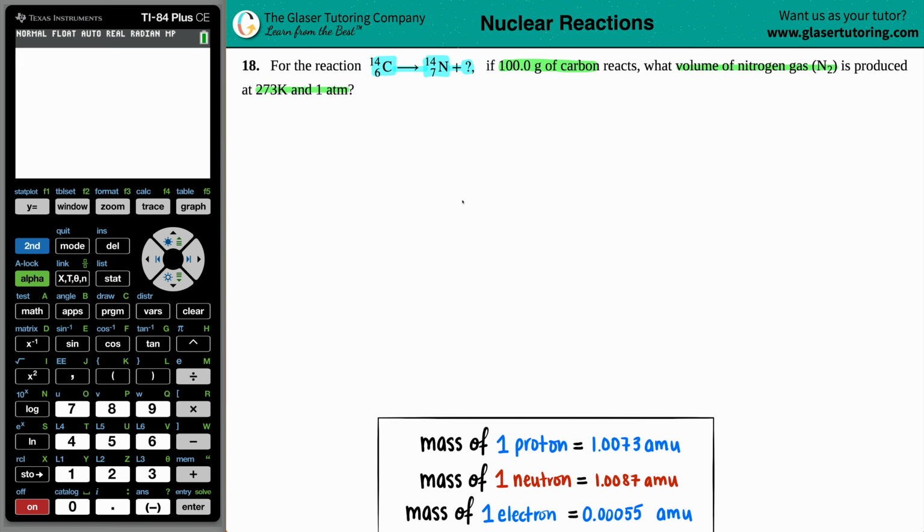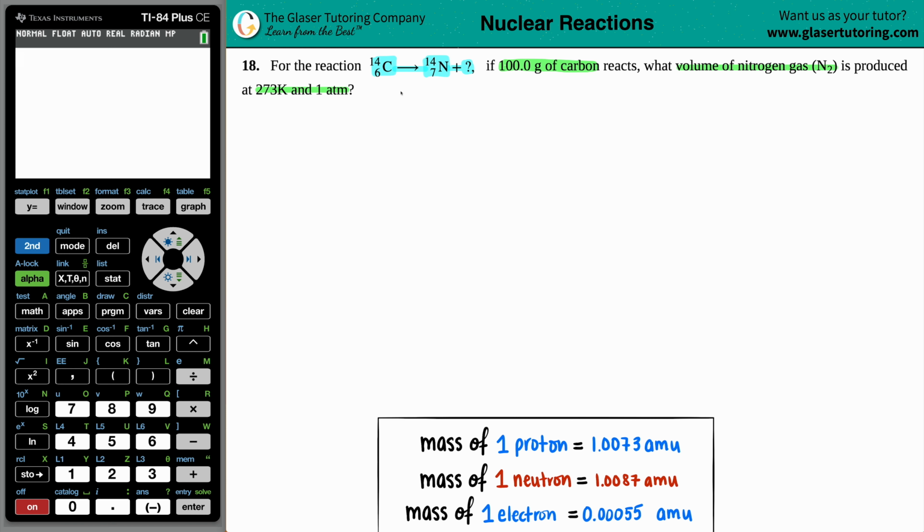Okay. So to start this off, we have a balanced equation. We have a carbon, and this is going to turn into a nitrogen. This is a nuclear reaction because we're only dealing with atoms, no compounds here.